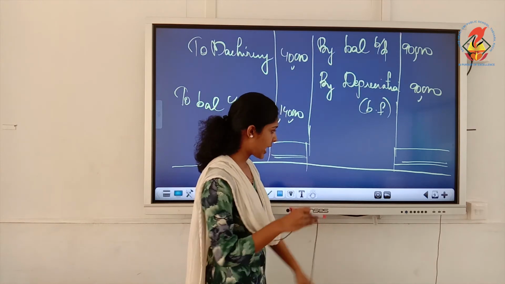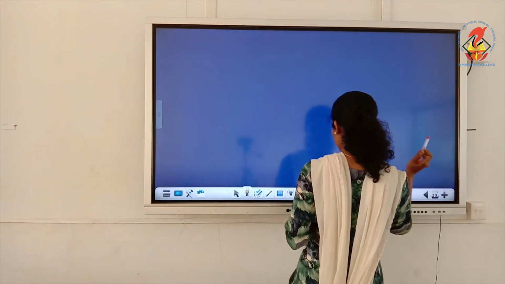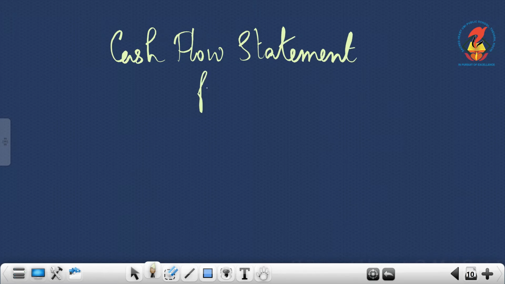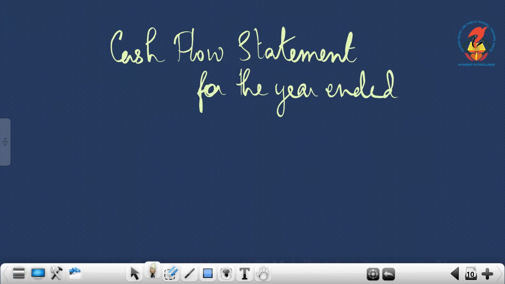Now we will start the cash flow statement. Ledger accounts is what you have to do first. Next we can start the cash flow statement. Cash flow statement for the year ended 31st March 2014.